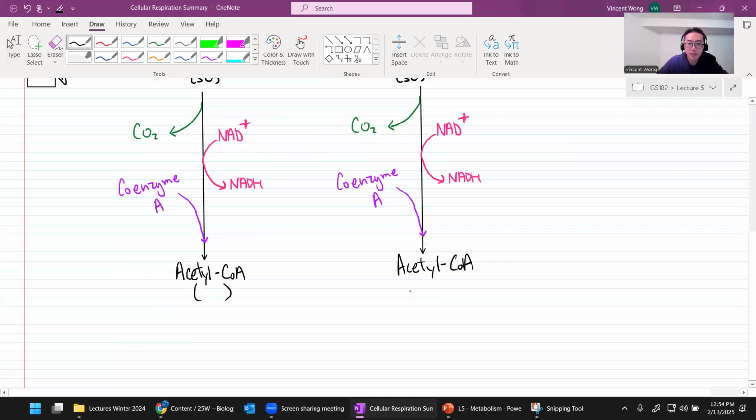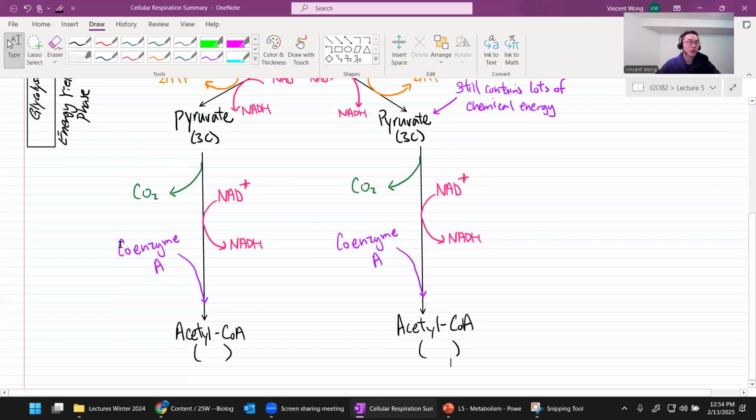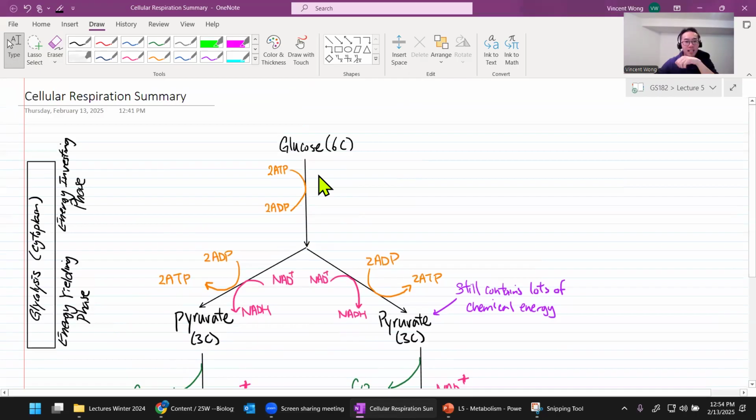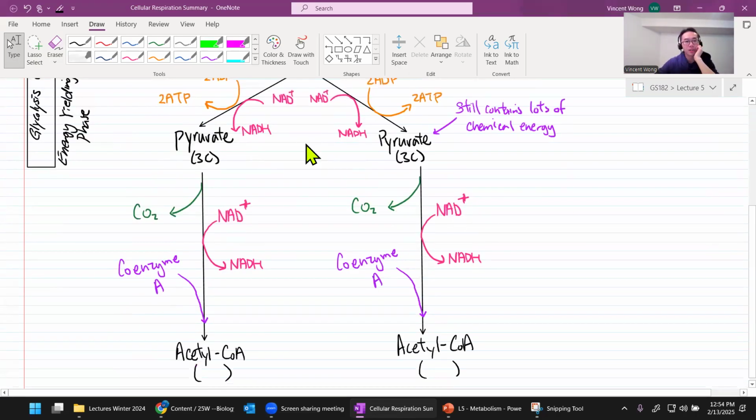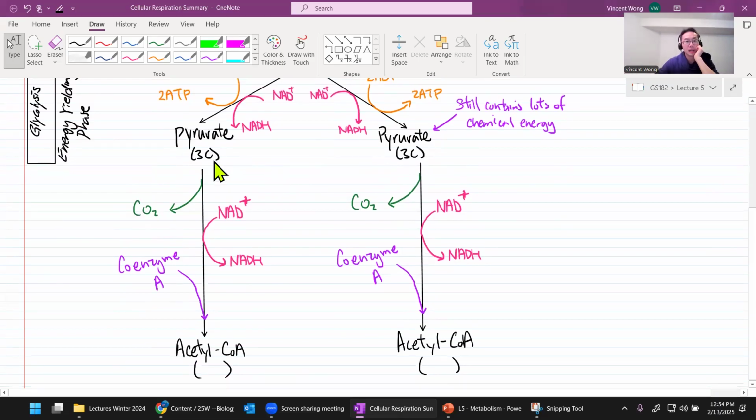So how many carbons here in acetyl-CoA? How many carbons are originally from our glucose? Does anybody know? Have you been keeping track? Okay, it was 6 carbons to begin with, and then you split it, it becomes 3 and 3. And we removed a carbon dioxide.